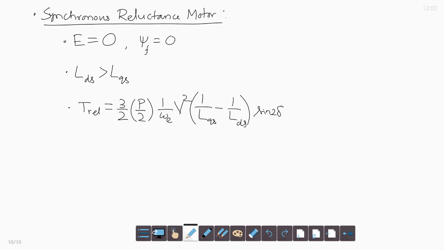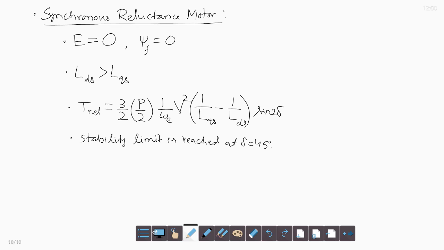So, this is the reluctance torque rewritten in another form, and in this one the stability limit maximum torque is reached at delta equals 45 degrees, because it is only dependent on sin 2 delta.